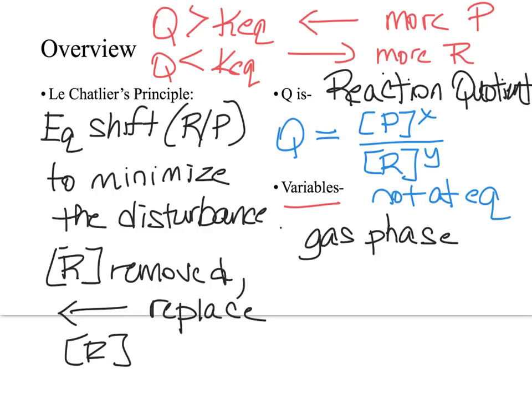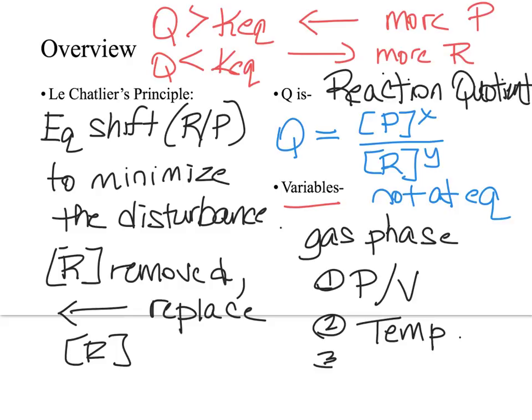Because we're thinking about things in terms of gas phase largely, some of the variables that are going to impact what happens when the equilibrium is disturbed are 1. Pressure or volume, 2. Temperature, and 3.